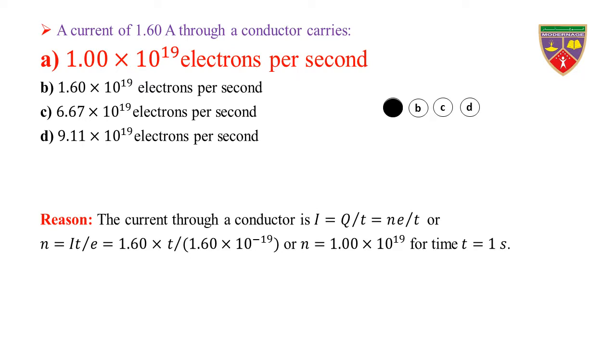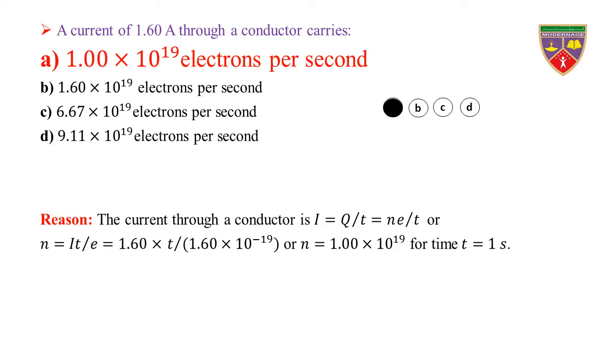Reason: the current through a conductor is I equals Q divided by T, which is equal to Ne divided by T, where Q, the charge, is equal to N times the charge of the electron.